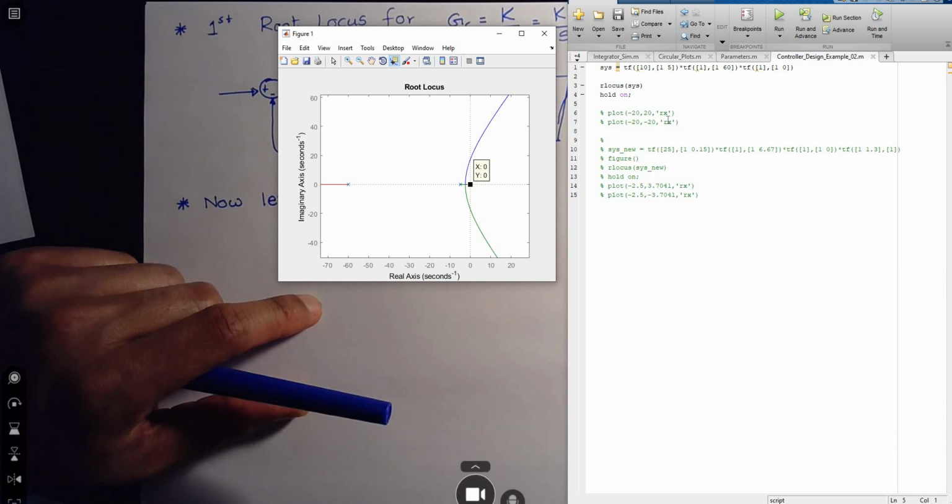And let's add the desired locations, because they should be somewhere around here. So there should be one here and one here. Let's see what that looks like once we add those. We're just going to uncomment here.